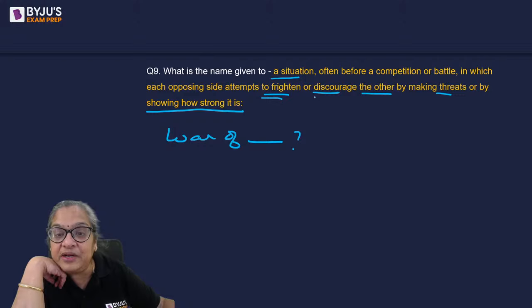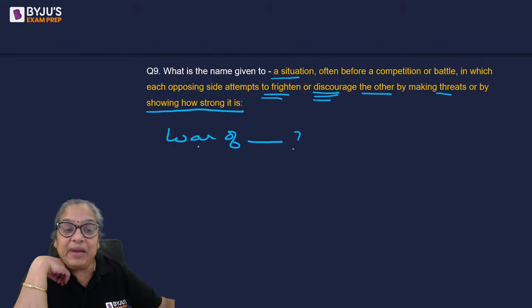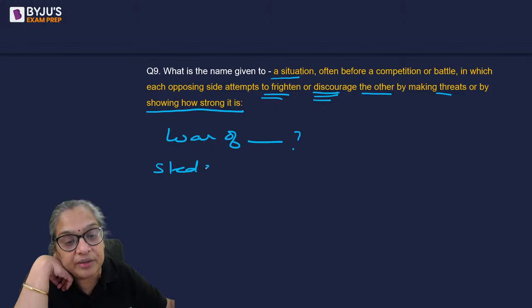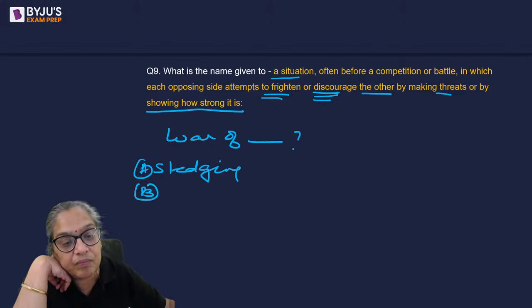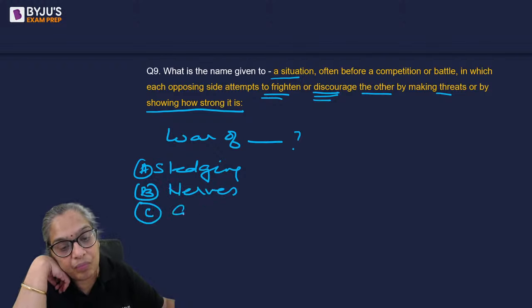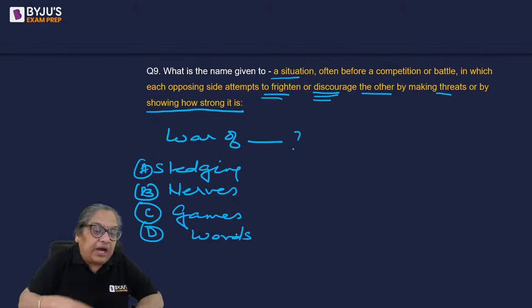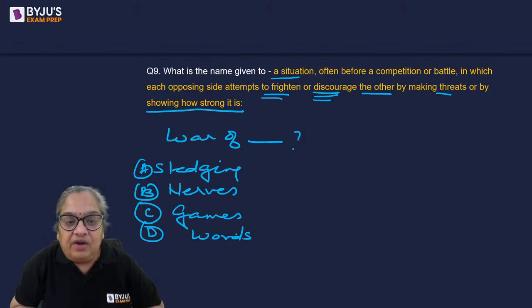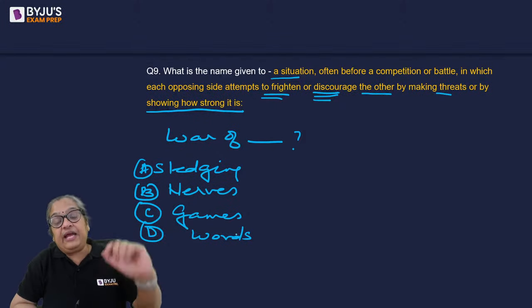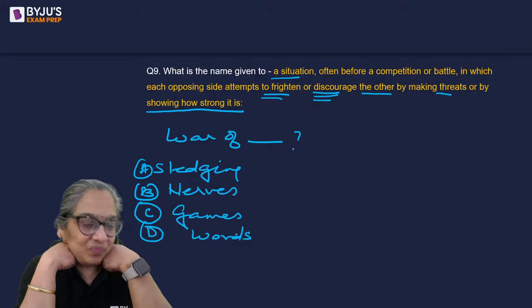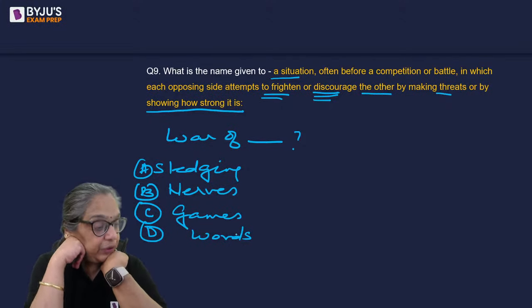Attempts to frighten or discourage by making threats. It is called what? What kind of war is that, where you attempt to frighten or discourage the other party?